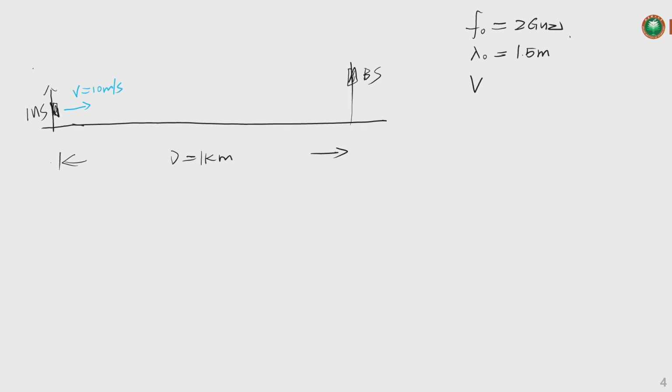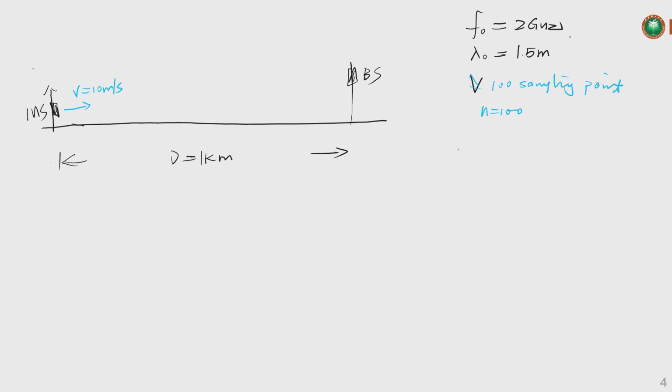Now we set our sampling number. We take 100 sampling points, so n equals 100.